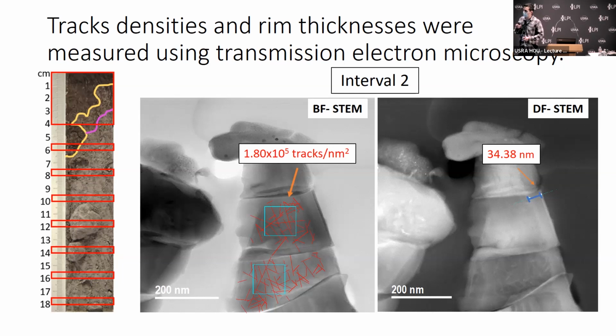We counted tracks within a half micron of the rim, and then drew 100 by 100 nanometer square areas around the densest regions, and then used our track production rate of 44,000 tracks per centimeter squared per year to determine our exposure age. We directly measured the rim width using Digital Micrograph analytical software, and we restricted our analysis to olivine and anorthite grains, as those are the most well constrained for this kind of work. Those mineral phases were identified using energy dispersive X-ray spectroscopy.